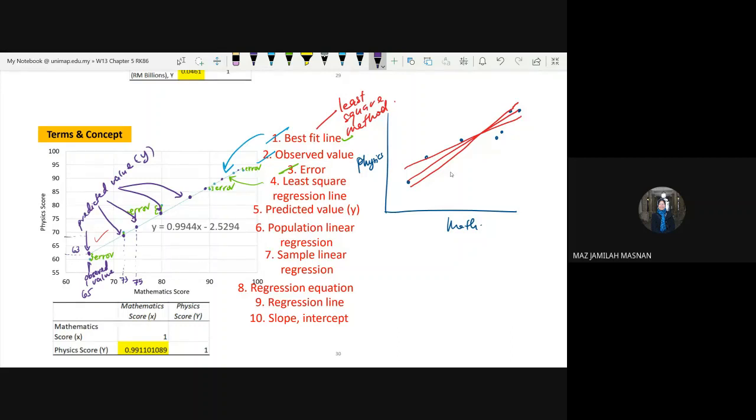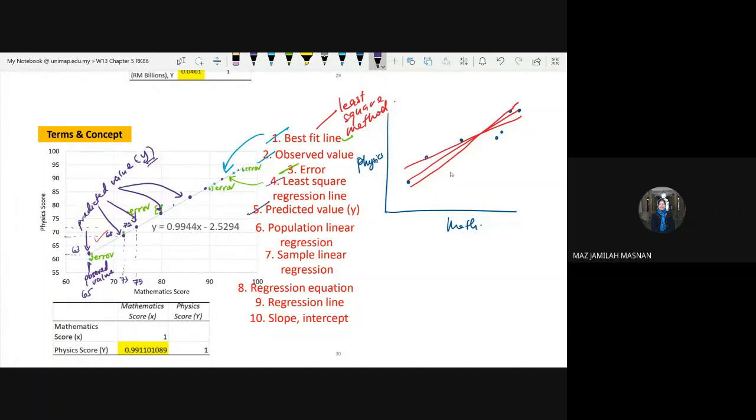It is 68. What is my y here? It is 72. So at every single x on the predicted line, you can get your predicted value of y. Class, can you understand that so far? Yes. Okay, thank you.